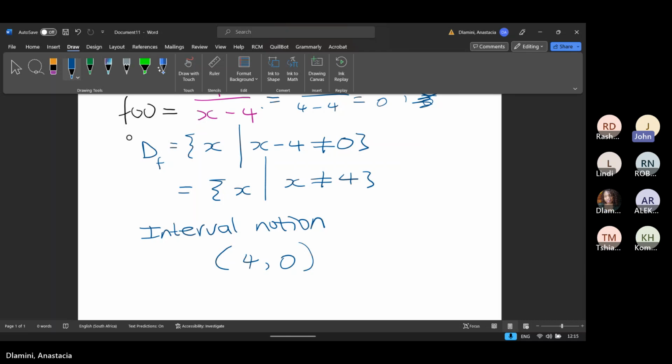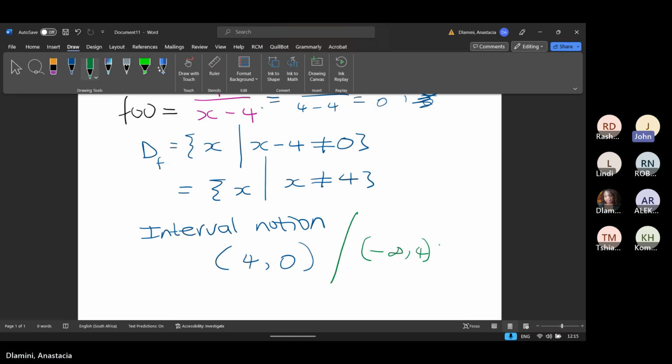I have open bracket negative infinity to 4, but not including 4. And how do I write that?